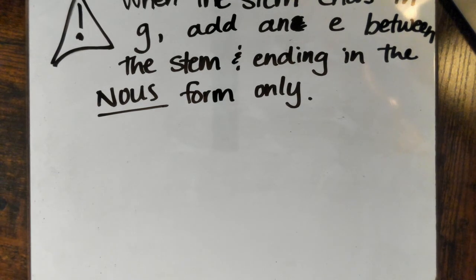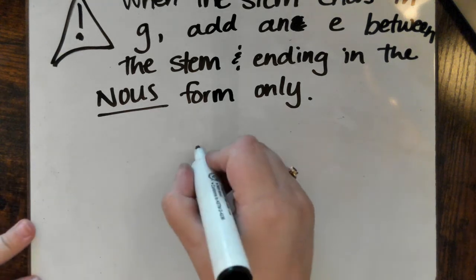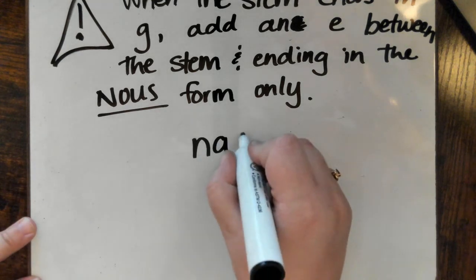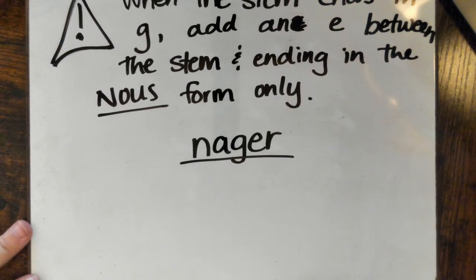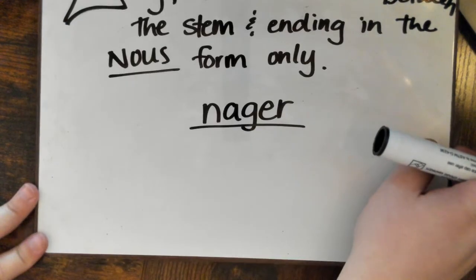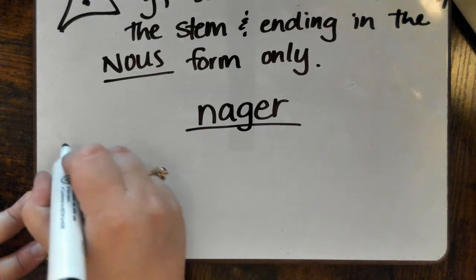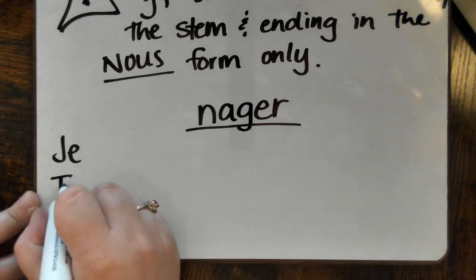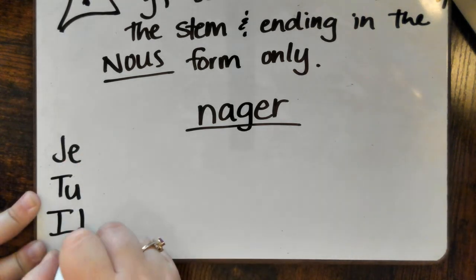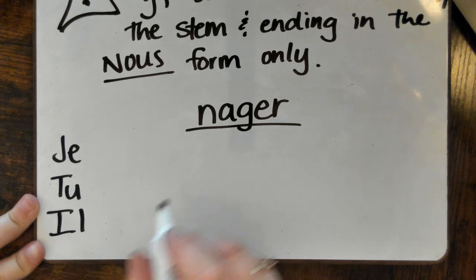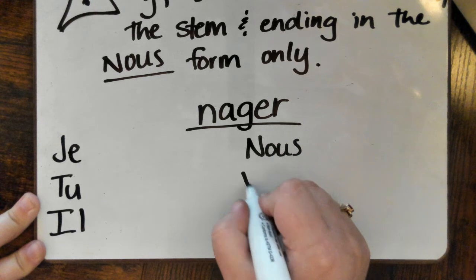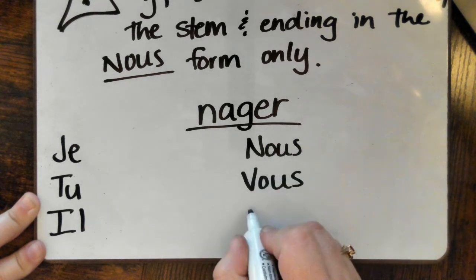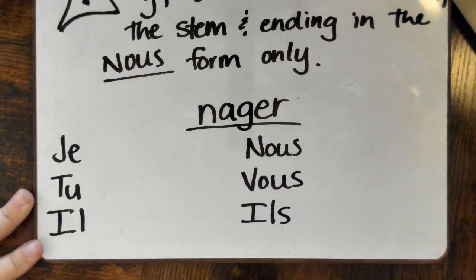So we're going to conjugate the verb nager, to swim. Okay, I'm going to start by getting my subject pronouns ready. So je, tu, il, elle, on, nous, vous, and ils.